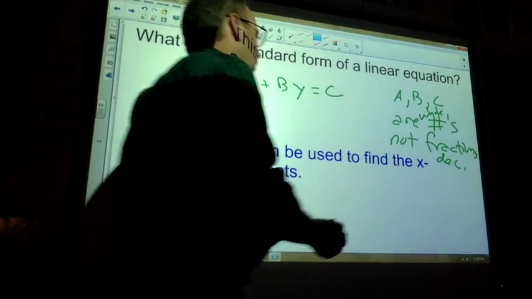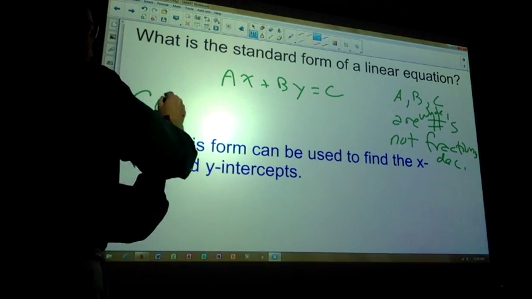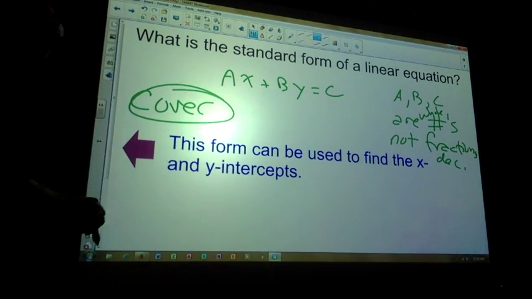You use the cover method to find where it crosses the x and y axes. Where it crosses the x-axis is a point. Where it crosses the y-axis is a point.